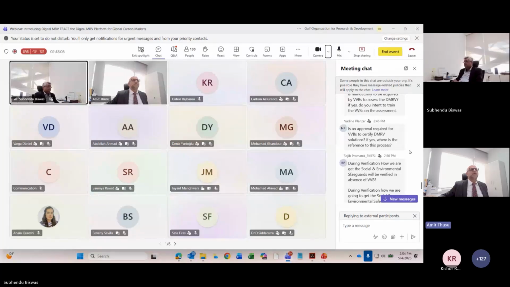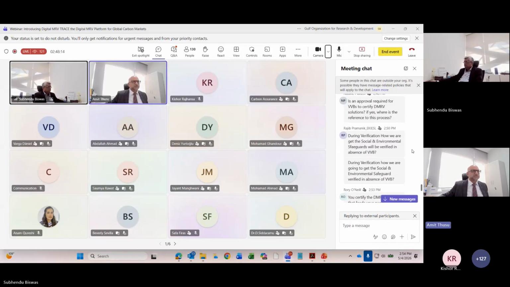Okay, I think there's one question from the point of view of project owner, Rajiv. During verification, how can social and environmental safeguards be verified in the absence of the VVB? Okay, as I said, in the case of non-GHG claims, there will be a VVB. And how do you do it at this point in time?